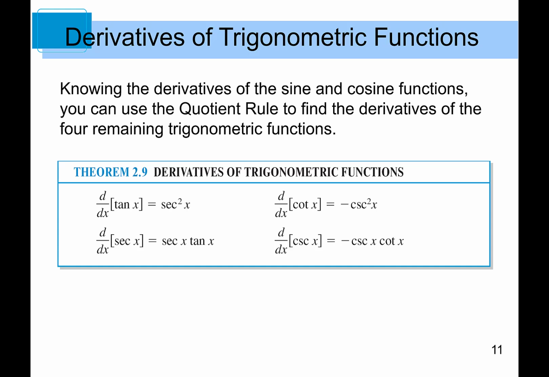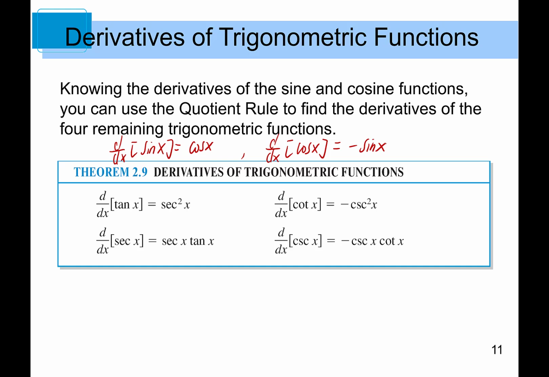As you see, the derivative of sine x is cosine x, and the derivative of cosine x is negative sine x.